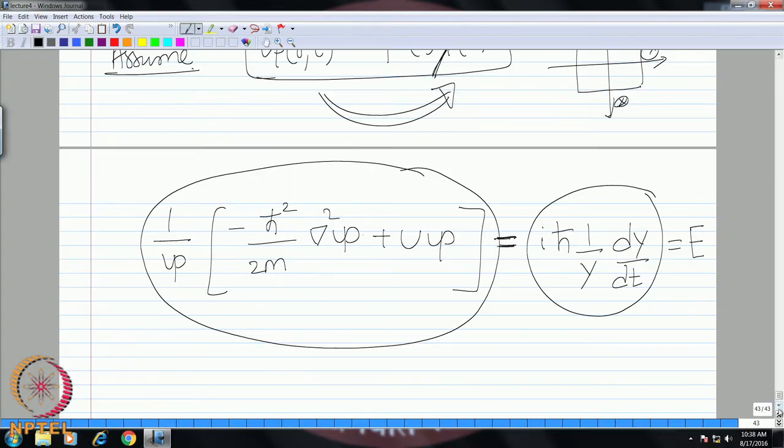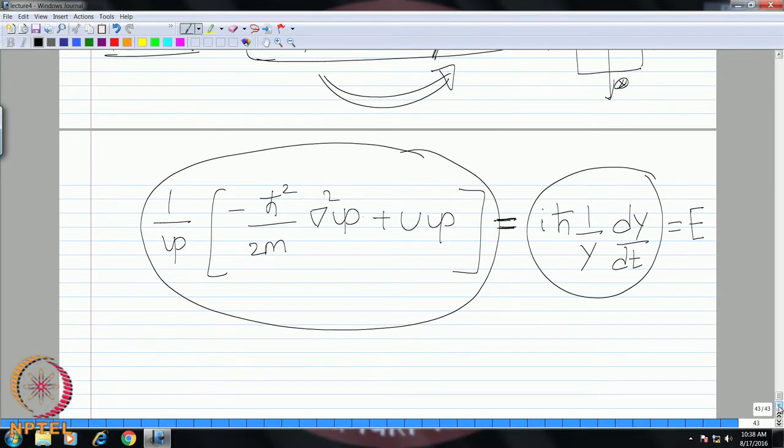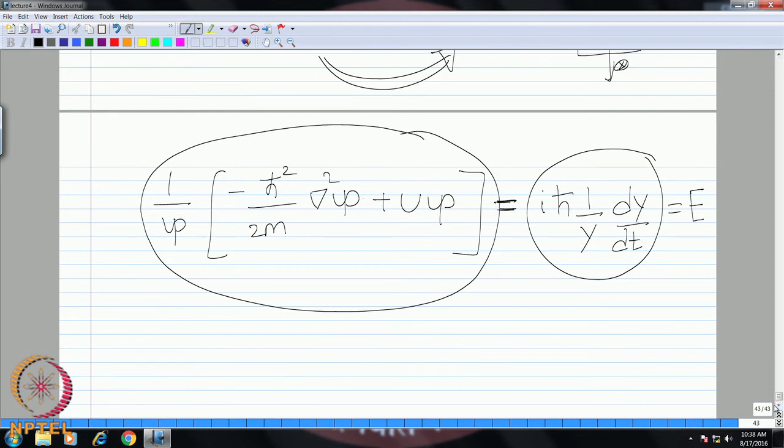Okay. So, now we have split this into two ODEs. The first ODE will be this is equal to E, the second ODE will be this is equal to E, right. So, you have now separated the partial differential equation into two ODEs.